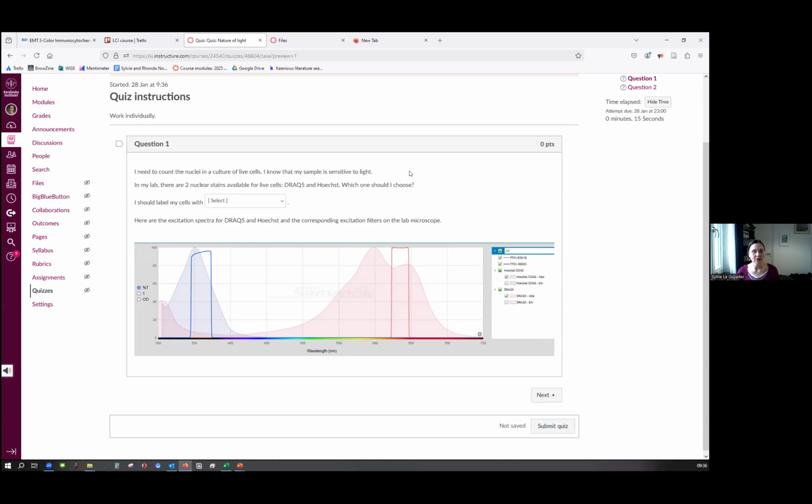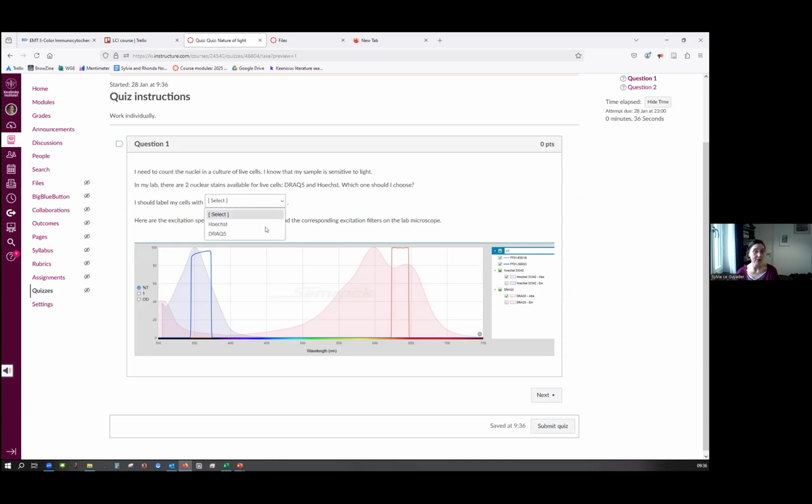So I need to count the nuclei in a culture of live cells, and I know that my sample is sensitive to light. In my lab, there are two nuclear stains. One is called Hoechst, which pretty much everyone knows, and DRAQ5 is another one. Many people do not know that, but they do the same thing. They label the nuclei. Which one should I choose?